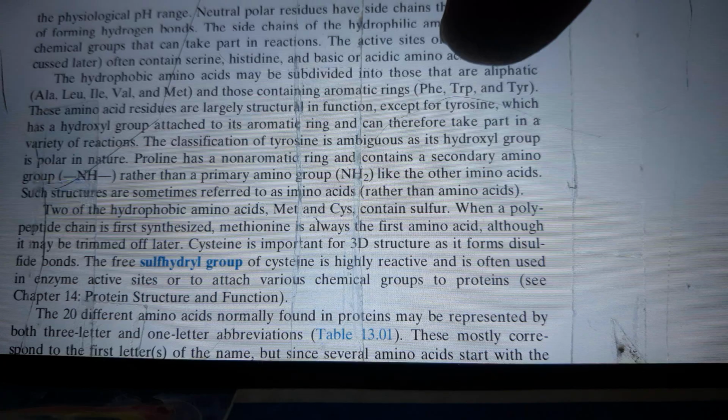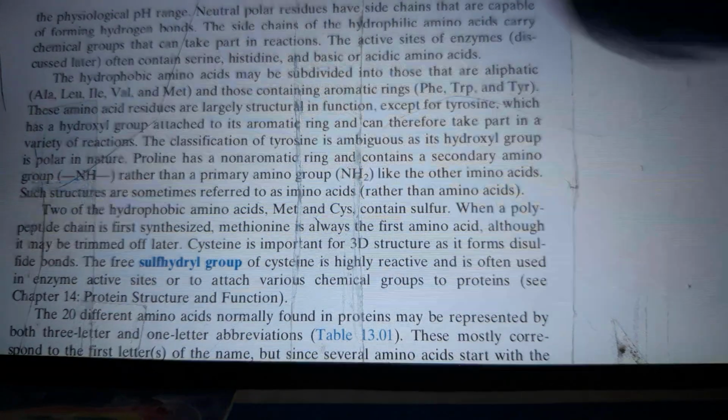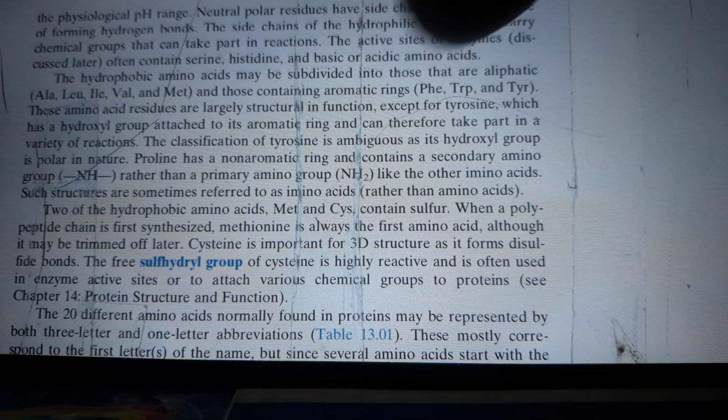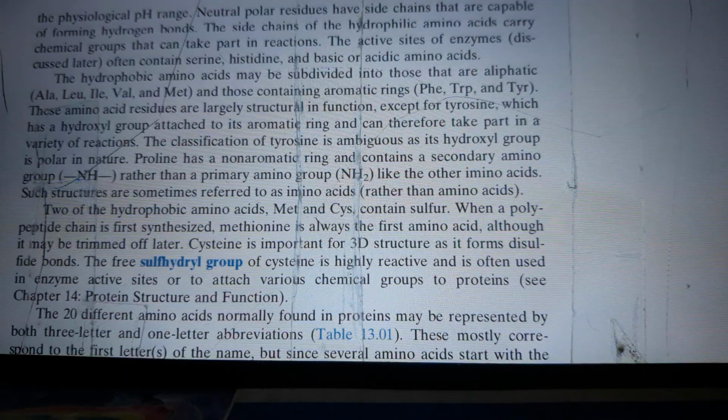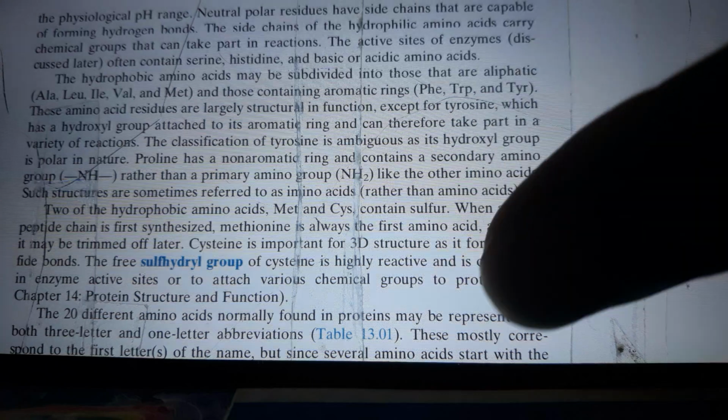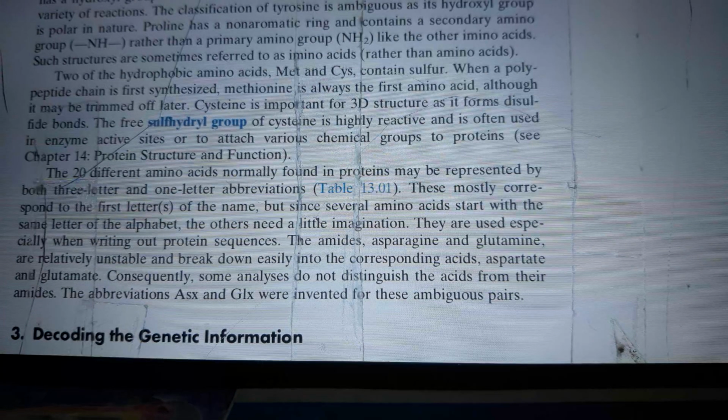Okay? So secondary amino and primary amino, there are differences. Secondary amino will be NH, primary is NH2, like the other amino acids. So what's an imino acid? It is a structure that has a secondary amino group, NH, rather than a normal primary amino acid that has an NH2.